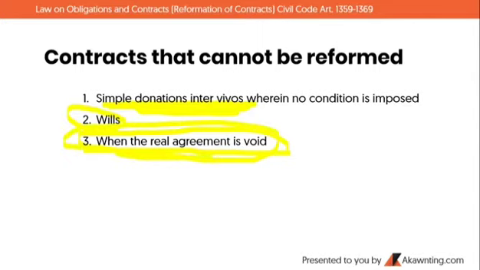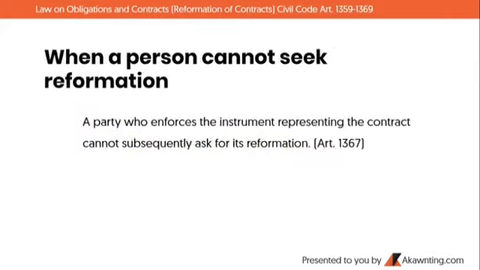Parang kumbaga wala tayong magiging basis. Kasi, ang tinitingnan natin lagi is yung written instrument ba, tumutugma ba siya doon sa contract? Pero kung yung contract ay void, meaning wala tayong pagbebasean kasi non-existent yung contract. Wala tayong pagbebasean ng tamang kung ano man yung napag-usapan ng mga parties.